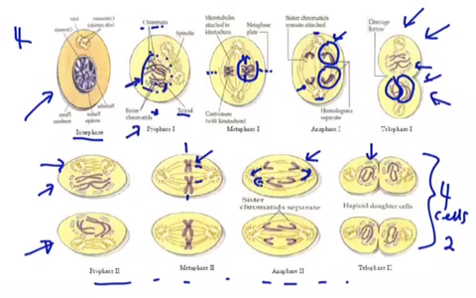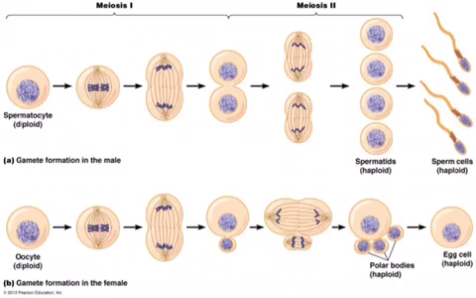So let's have a look now at how this relates to the formation of sperm and egg. So this diagram's not a bad representation of this, and again it just tracks you through the process we've just been through. So your germline cell, your starting cell in males, is a spermatocyte, which is diploid, and then goes through a meiotic division.